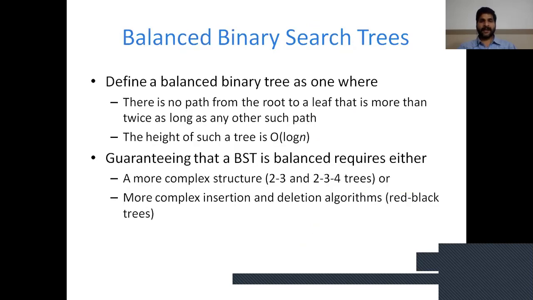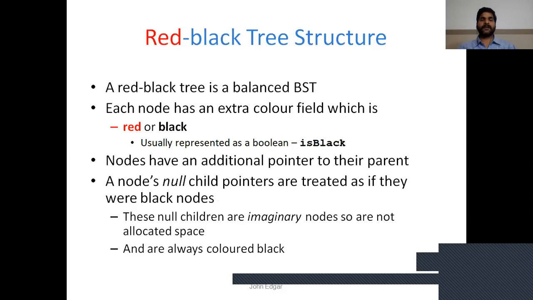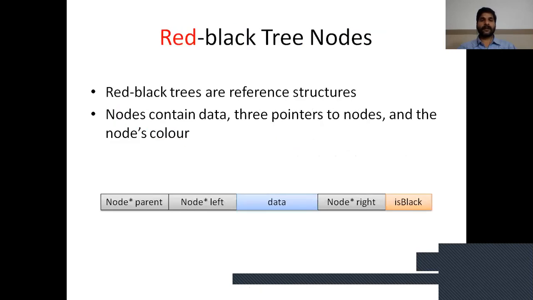Then the structure of the red-black tree: it is a binary search tree, but some extra fields are added, like the color, left child, right child, and parent. The red-black tree contains a reference structure like this.